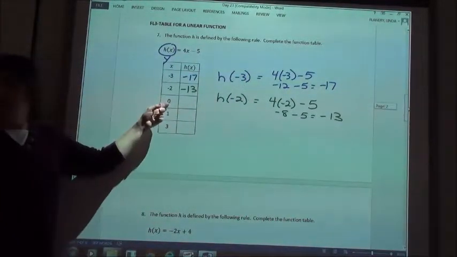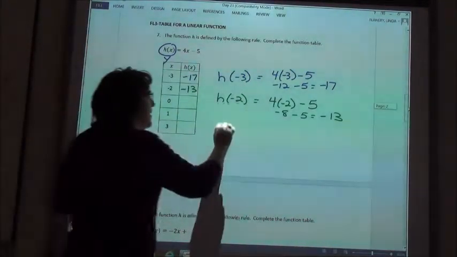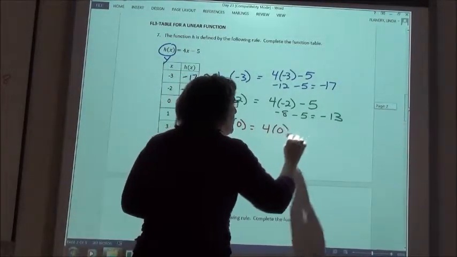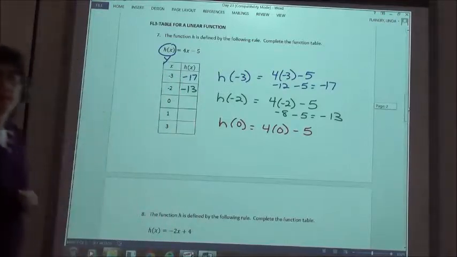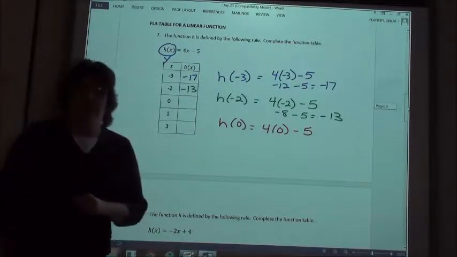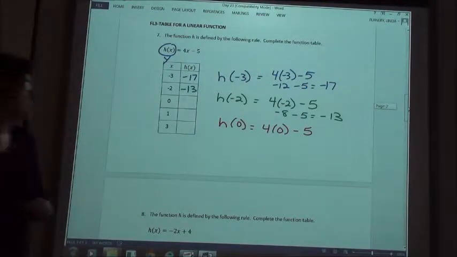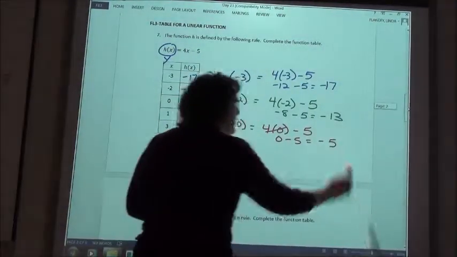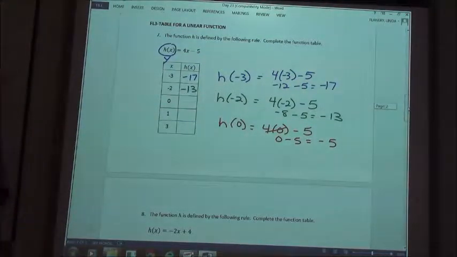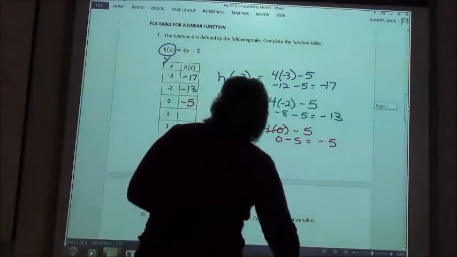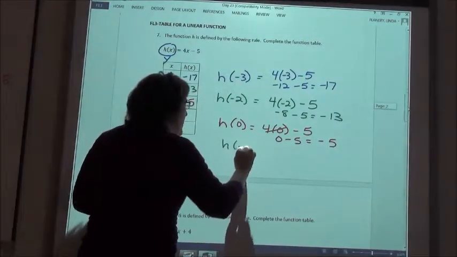So the next one says I'm going to do 0. H of 0 would be 4 times 0 minus 5. If we solve that one, we're going to have what? Four times 0 is 0, and 0 minus 5 gives us -5, right? And then we get to do the next one, which says to do H of 1.